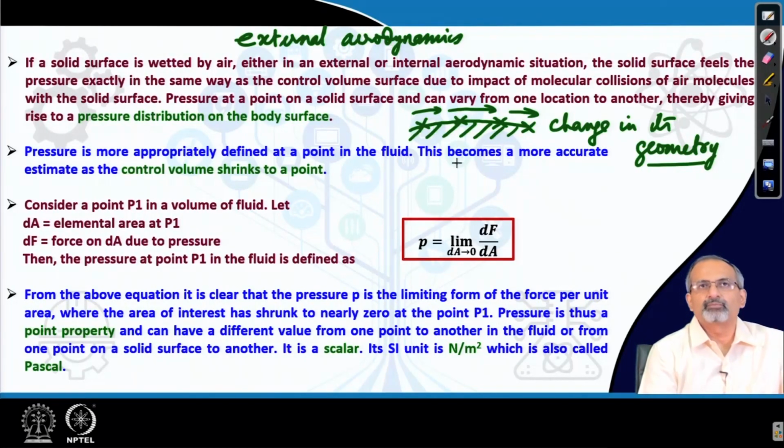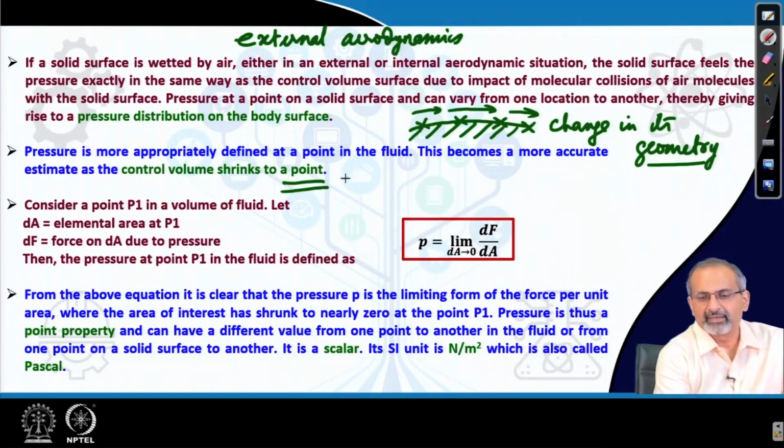Pressure is more appropriately defined at a point in the fluid. So, as you shrink the control volume and make it smaller and smaller, the pressure gets defined to a point. When you are able to define the pressure not in an average sense over a control volume which has a large volume, but rather specifically at a point in the fluid.